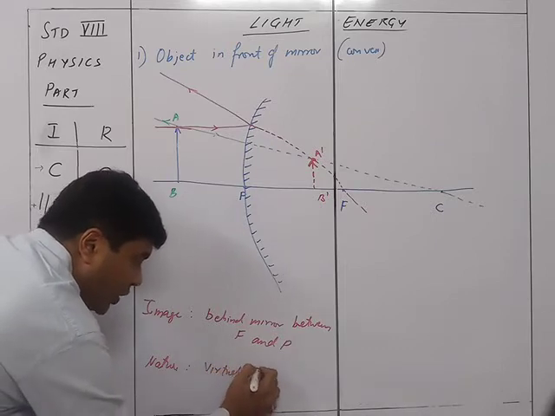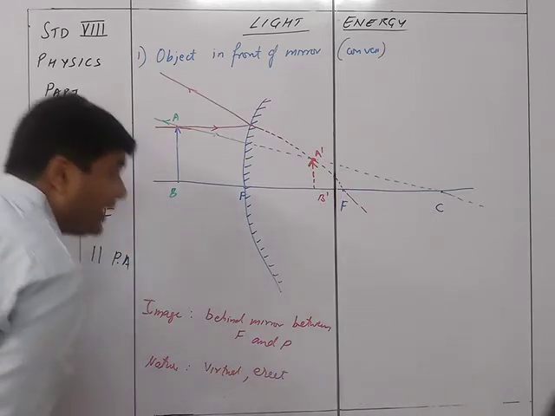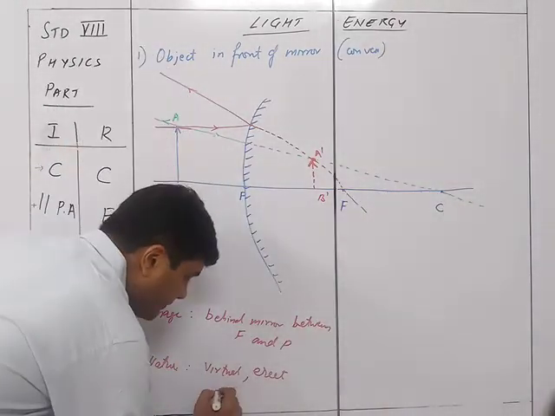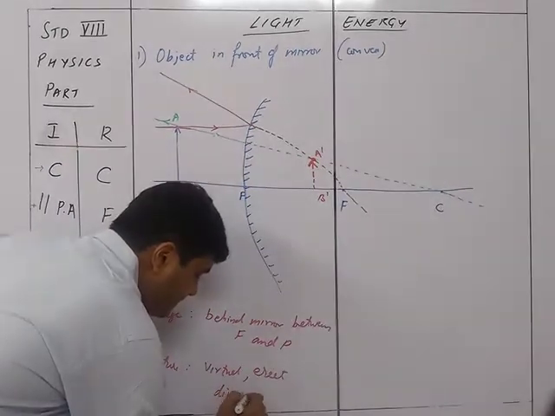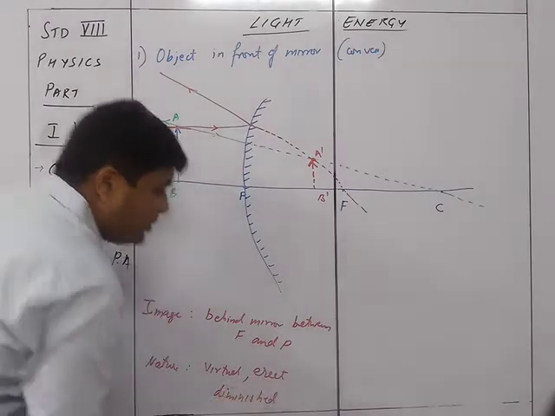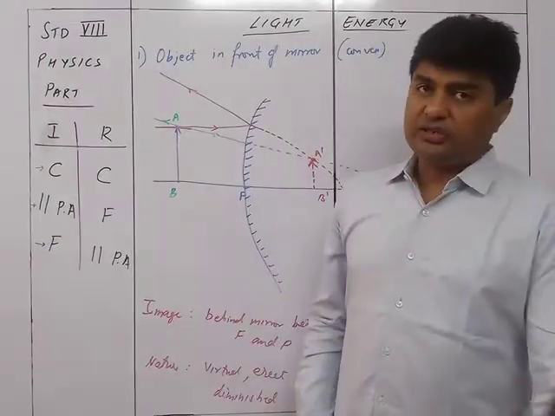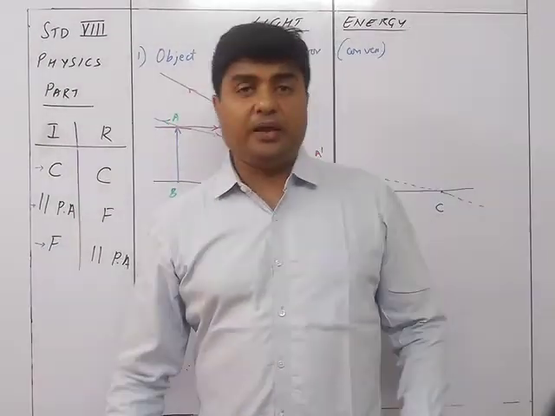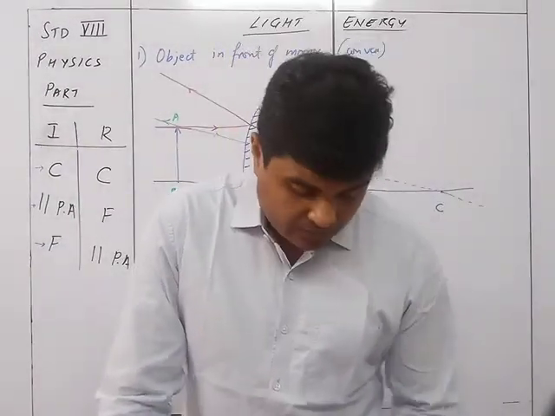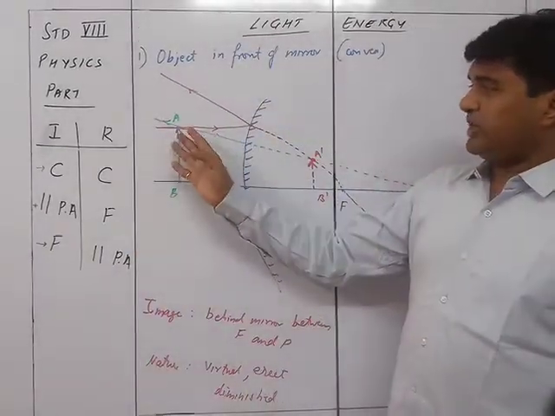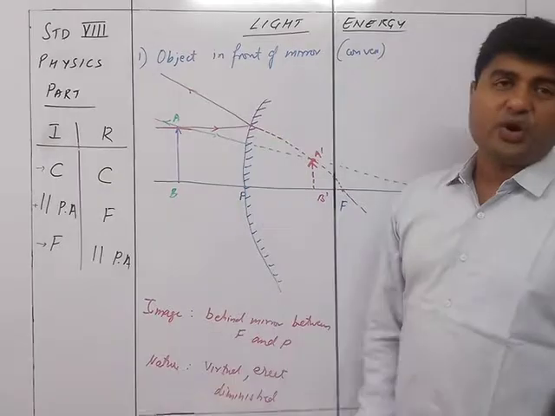All virtual images are always erect, and here it is smaller than the object, so it will be diminished. The position of the image will be between F and P for all the different positions of the object anywhere in front of the mirror.